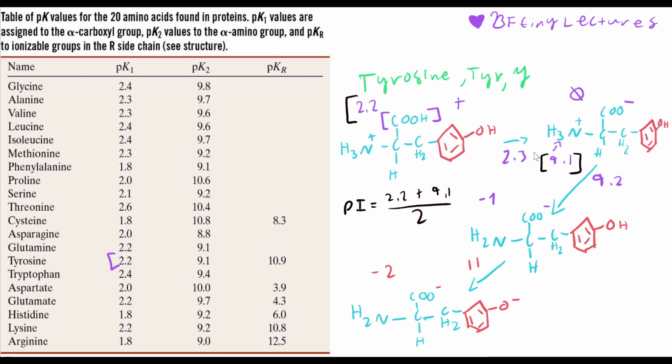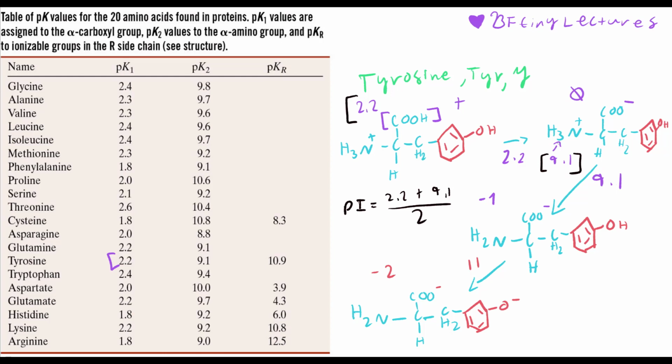To make it more convenient for you, I'll just change these values. Let's say that directly at 2.2 and 9.1 you're going to have a reaction, to make it make sense. Therefore, the electrically neutral amino acid is between those two values, 2.2 and 9.1.